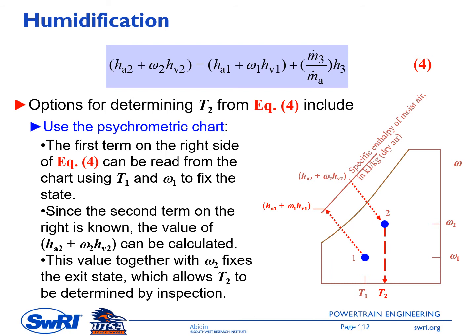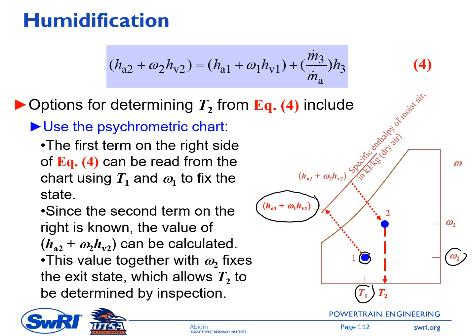So for example, if T1 is given and omega 1 is also given, then we have state 1 here. Then we can get the first term on the right side, which is the enthalpy of the dry air plus the contribution from the water vapor.